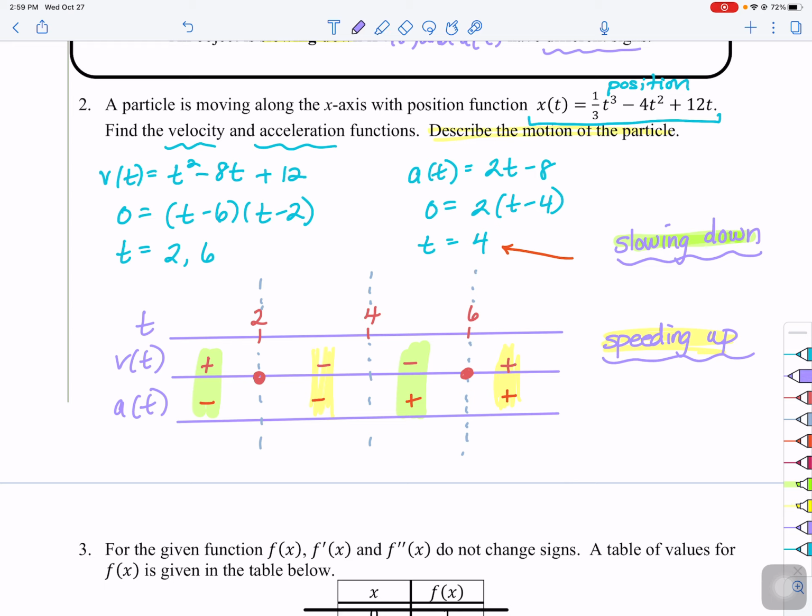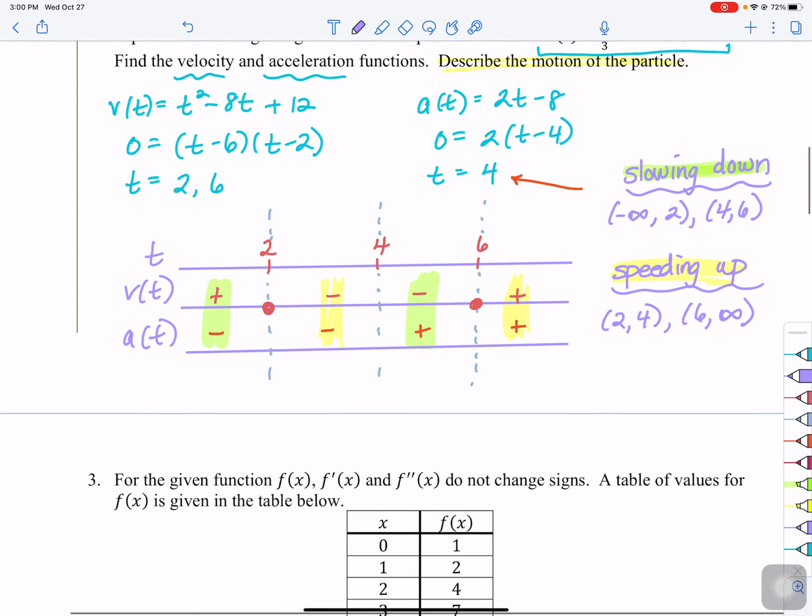So slowing down would be negative infinity to 2, and also from 4 to 6. Speeding up would be from 2 to 4 and 6 to infinity.